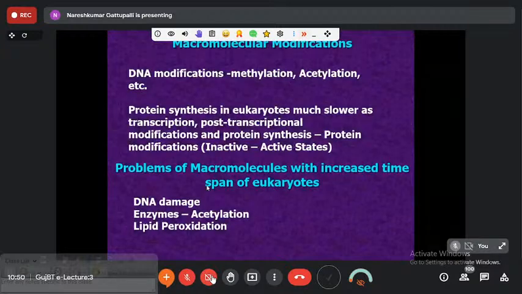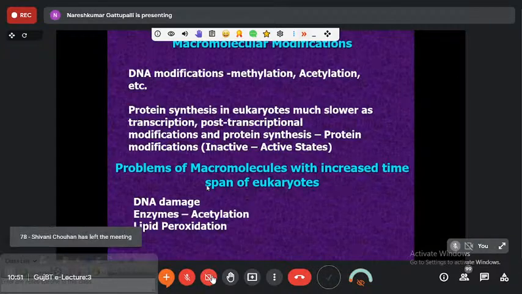In addition to that, till now we talked about small molecules, but the macromolecules are very important. In the eukaryotic system there are so many proteins, so many macromolecules that become very important. DNA itself is a big one, and it involves various modifications like methylation and acetylation.